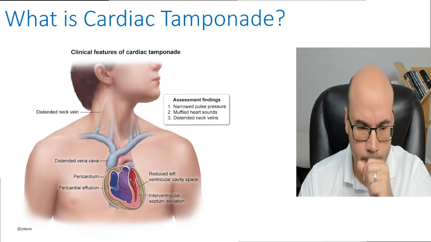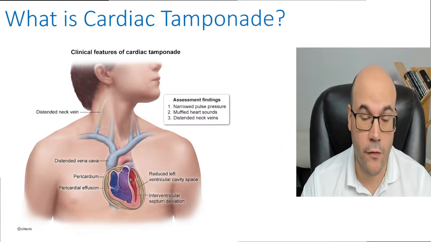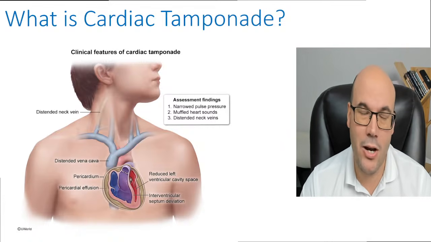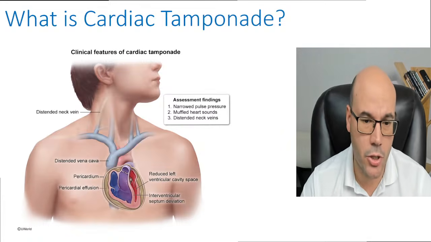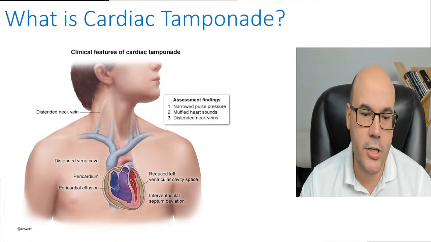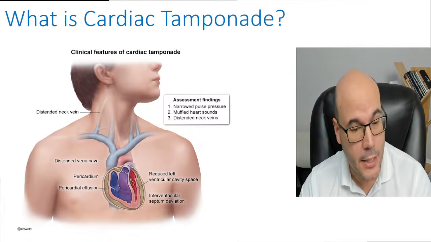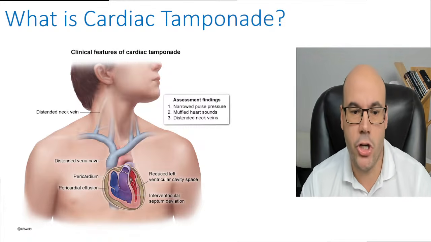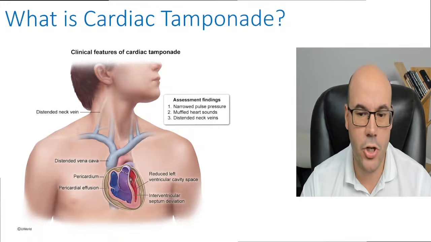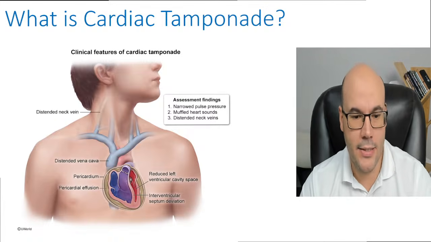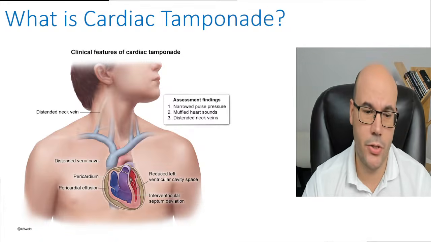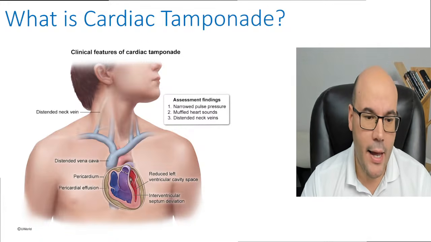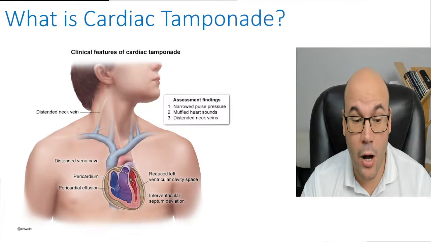So the 3 main clinical features of tamponade, known as Beck's triad, are hypotension, muffled heart sounds or absent heart sounds, and jugular venous distension. Now, there are limitations of ventricular filling and reduction of cardiac output.